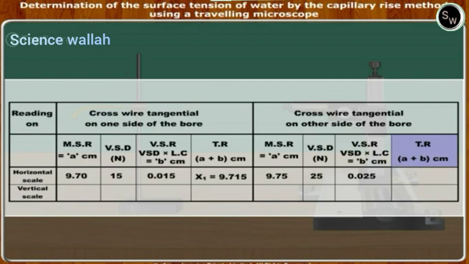The total reading X2 is equal to A plus B, which is 9.75 plus 0.025, equal to 9.775 centimeter. The difference, modulus of X1 minus X2, gives the diameter D1, which is 9.775 minus 9.715, equal to 0.060 centimeter.